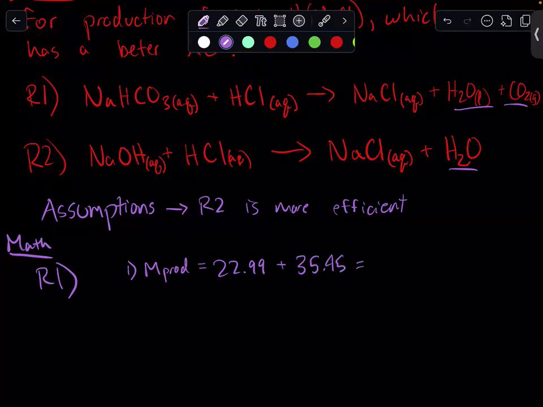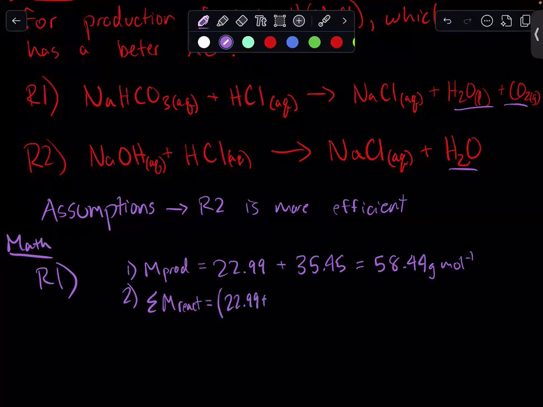That's going to make 58.44 grams mole inverse.